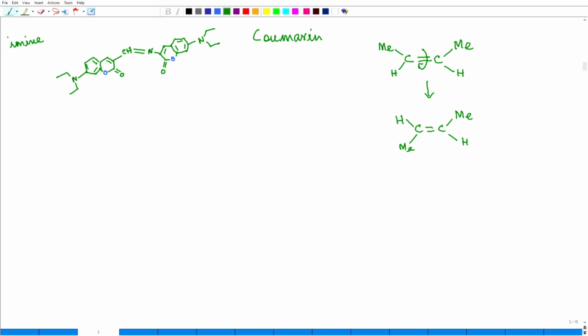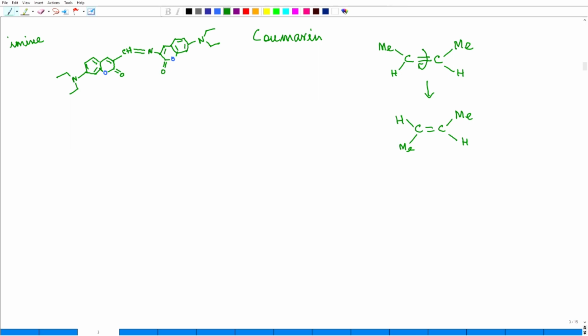Similar case happens here also. If I excite this molecule, it got excited. Now, it has to come to the ground state, because the molecule is already excited.